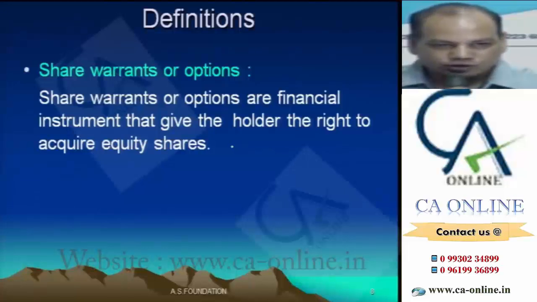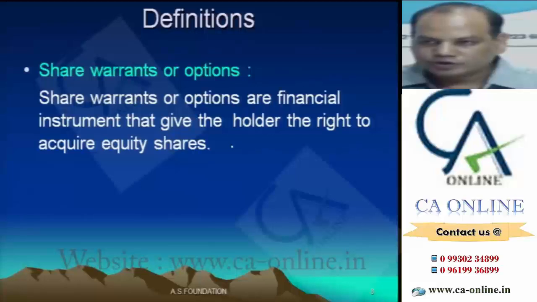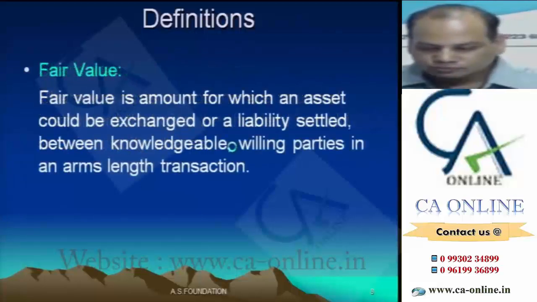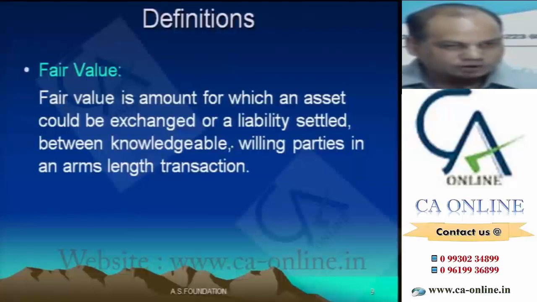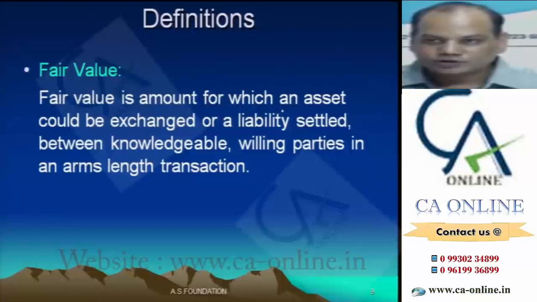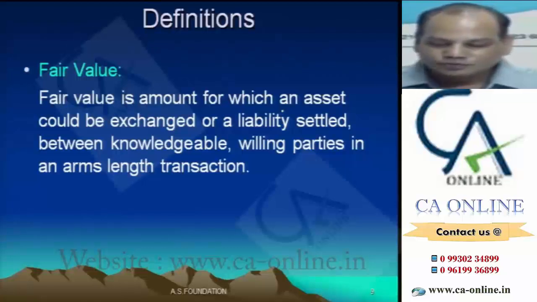These are not equity share right now, but the owner of share warrant or option have the right to get it converted into equity shares. And the last is fair value definition. Fair value is the amount for which an asset could be exchanged or a liability settled between knowledgeable, willing parties in an arm's length transaction. So fair value means market value. Okay.